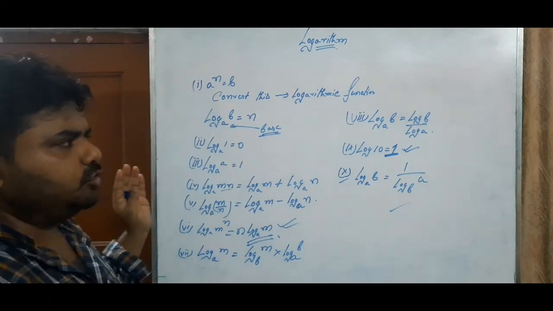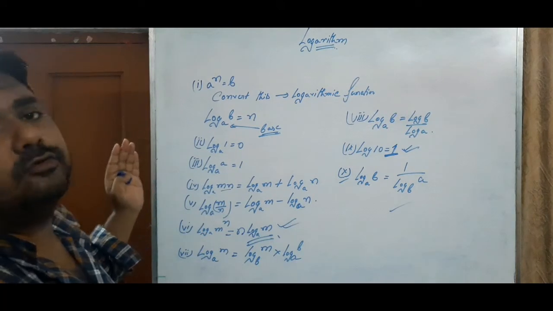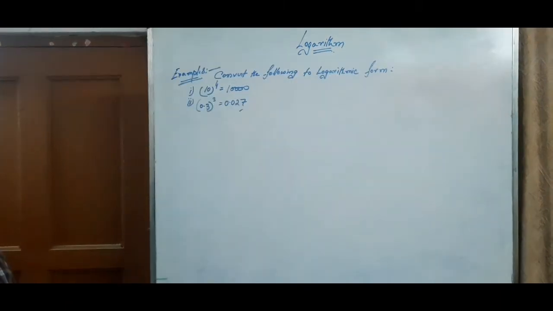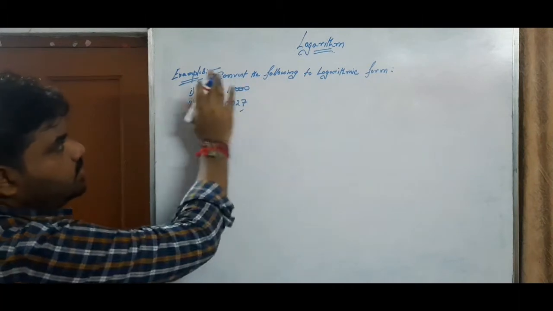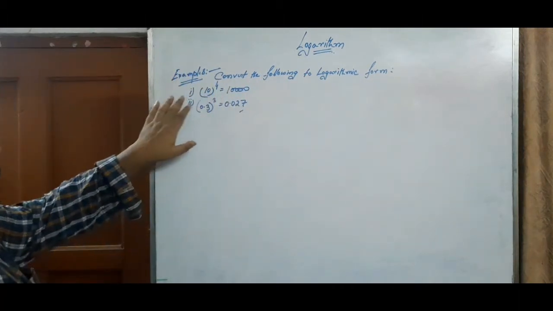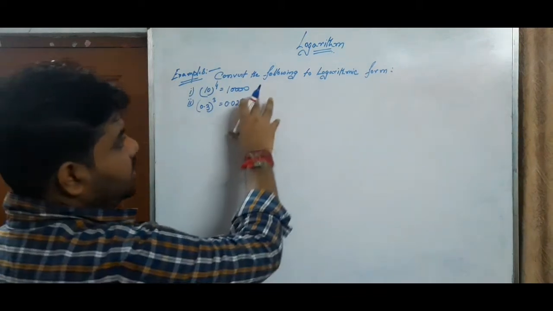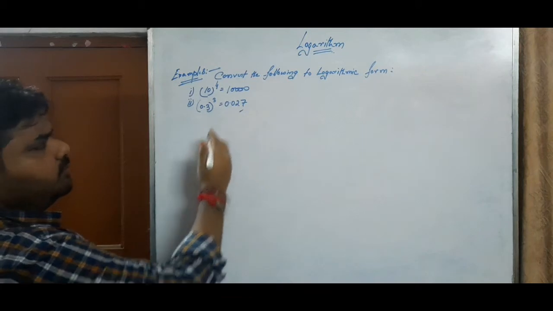Okay, now I will show some examples so that you can understand these formulas. Convert the following to logarithmic form. This is the first part. 10 to the power 4 equals 10,000. How can we convert this exponential form into a logarithm function?